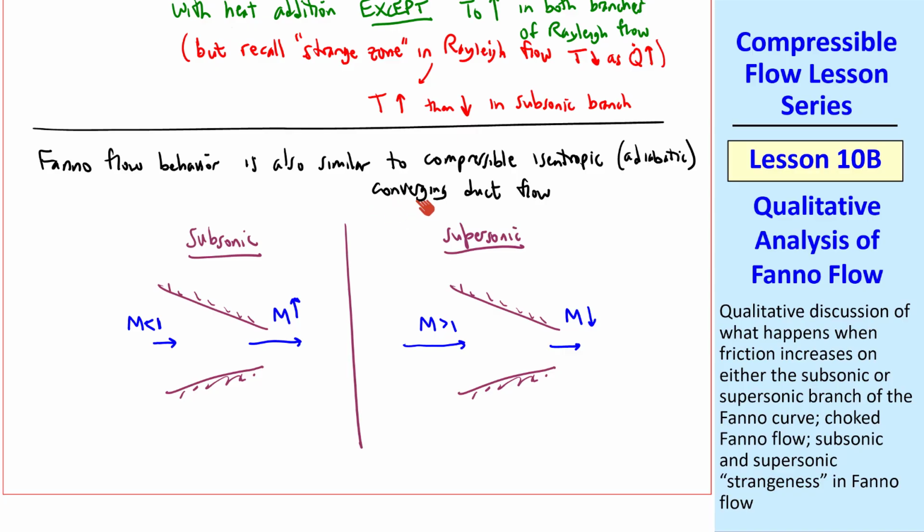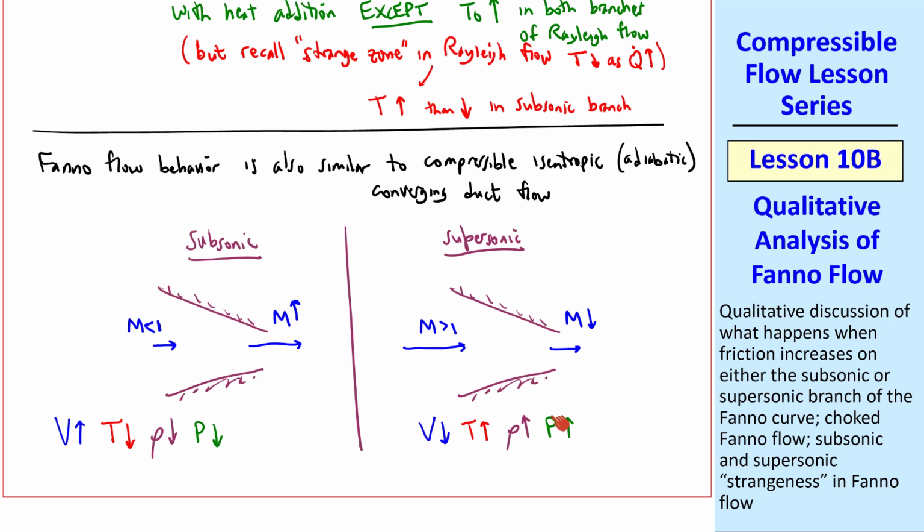As you may recall for converging duct flow, in addition to M going up, V goes up, temperature goes down, density goes down, and pressure goes down, with exactly opposite behavior for the supersonic case, V down, T up, rho up, and P up. Again, these three behave consistently in both the supersonic and subsonic branches.